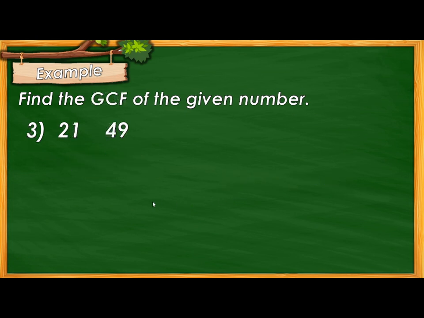How about sample number 3? Find the GCF of the given numbers 21 and 49. The common factor between 21 and 49 is 7. So 21 divided by 7 is 3. 49 divided by 7 is 7.